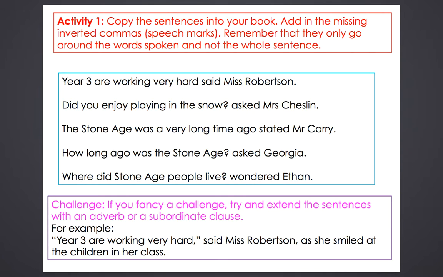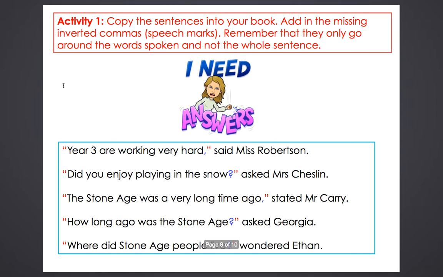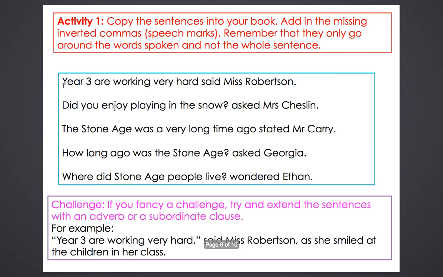So in the first example, I know that my inverted commas would need to go here at the start where it says Year 3, and they would go here after the word hard. Now that sentence, Year 3 are working very hard, would end in a full stop, usually.